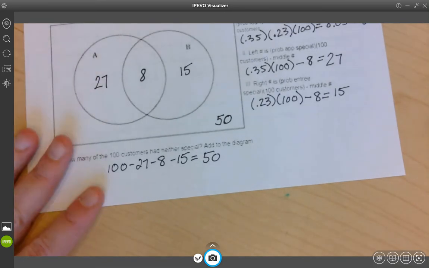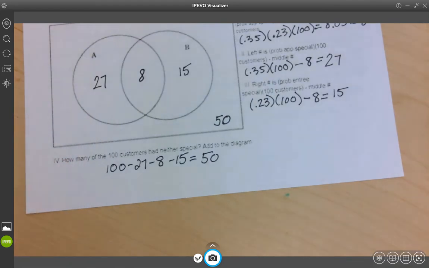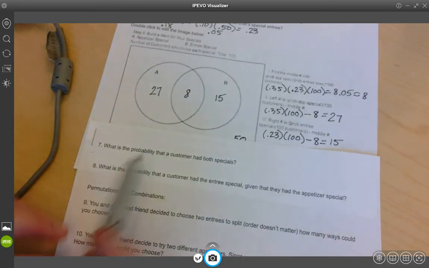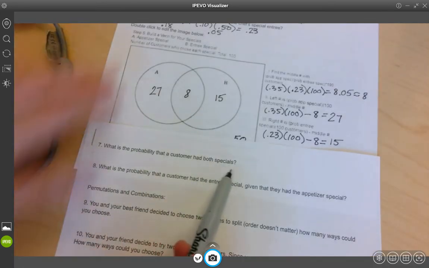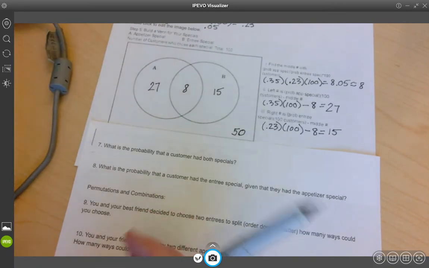So we're going to use that Venn diagram now to answer these questions right here, 7 and 8. And then we're going to do some permutations and combinations. So I want you to try 7 and 8 right now. All right, so the probability that a customer had both specials, that means they had to have both. It's not an or, okay?